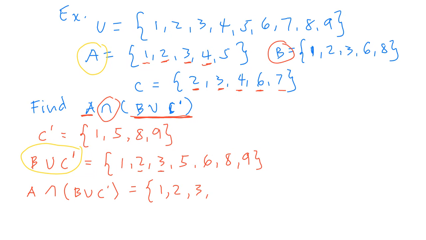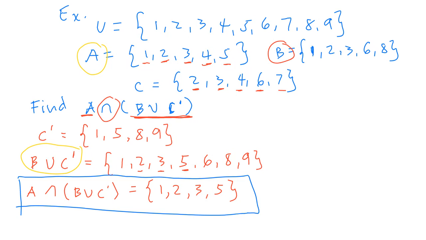Then we have 5. 5 is here. So 5 goes to the intersection. So our answer is that set. So where's our answer for that problem? It is U or A intersection of B union C complement. The answer is the set with elements 1, 2, 3, and 5.